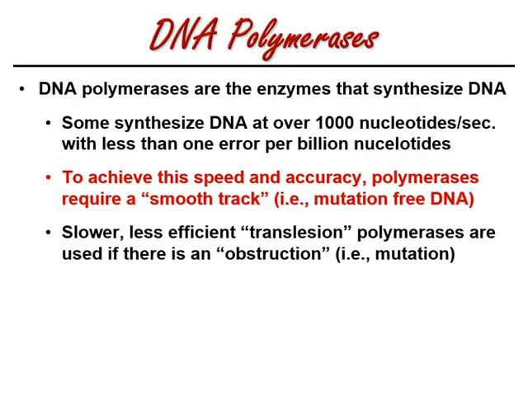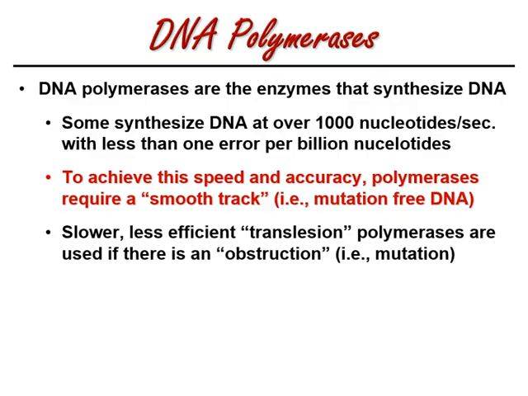And then on top of that, after you're done, you should use the spell checking function in whatever word processing program you're using. When you do that, now you're using these slower translesion DNA polymerases that are going and looking for misspellings or whatever it may be. They find them and then you can correct them.